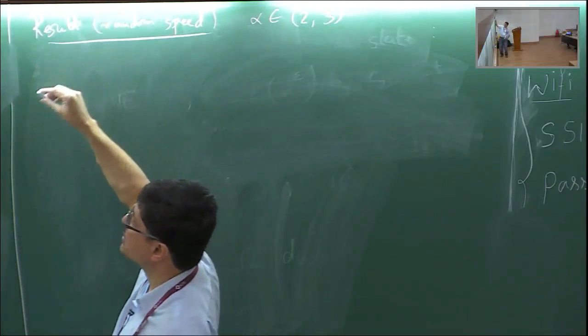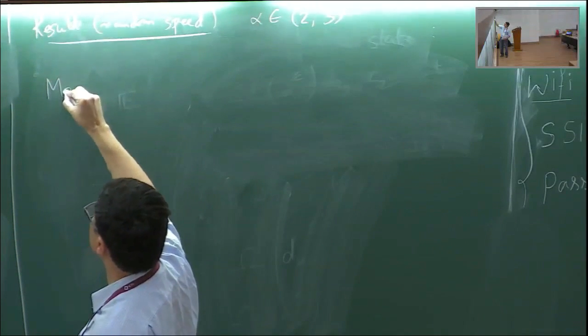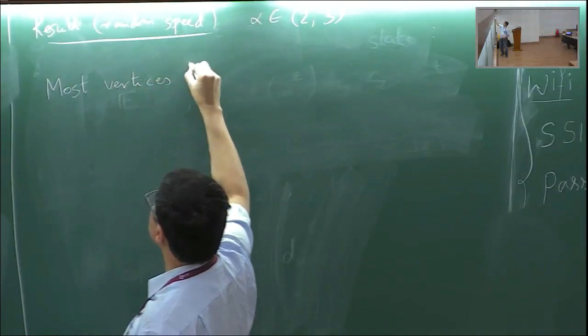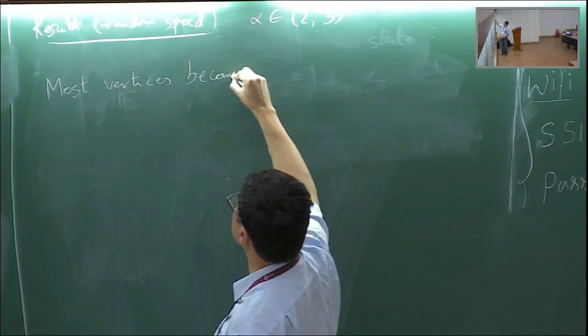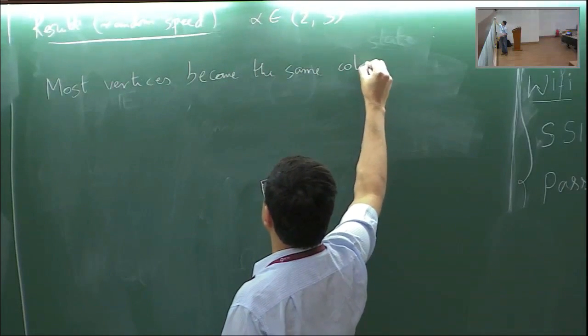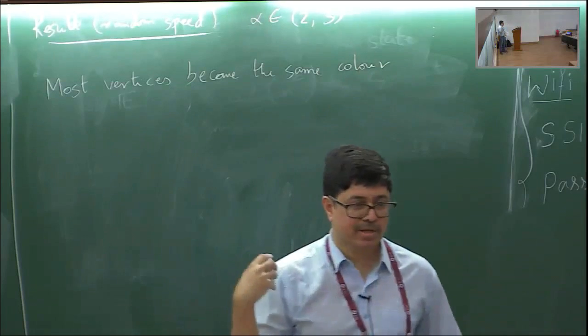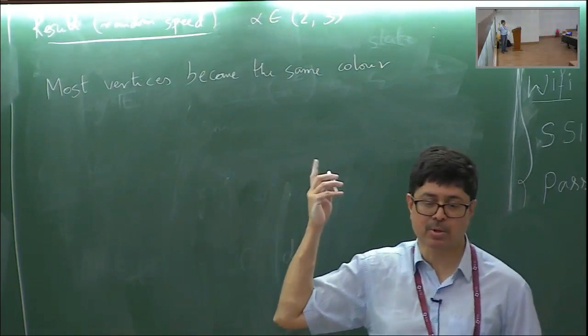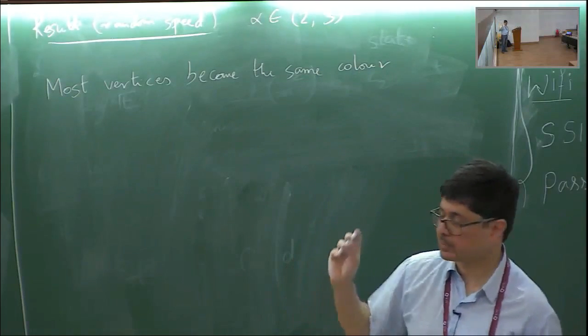Most vertices become the same color. But which color it becomes is random. So the faster one is not guaranteed to win here.